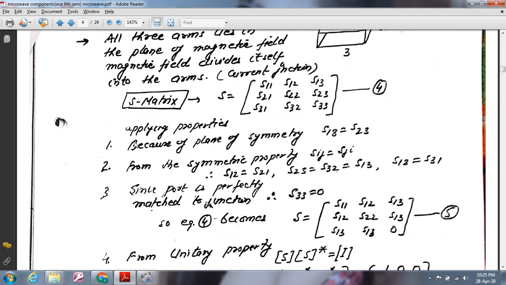Now one by one we are going to apply the various properties which we have studied earlier.